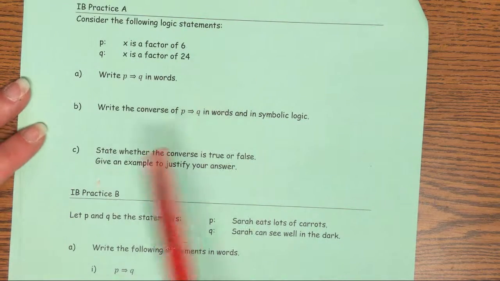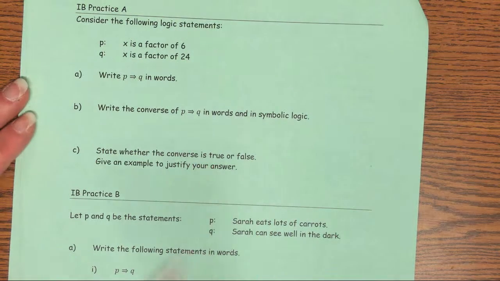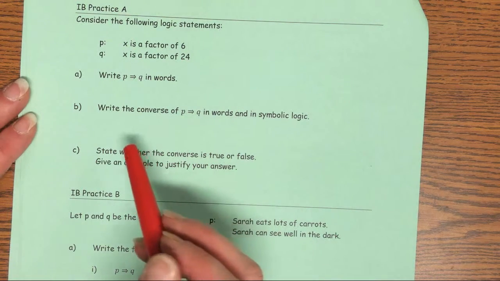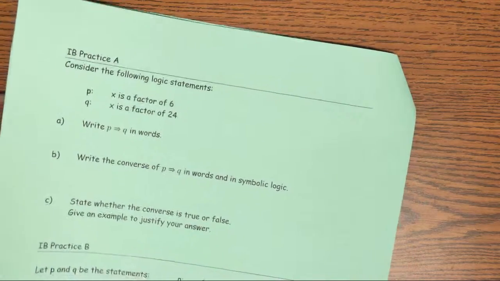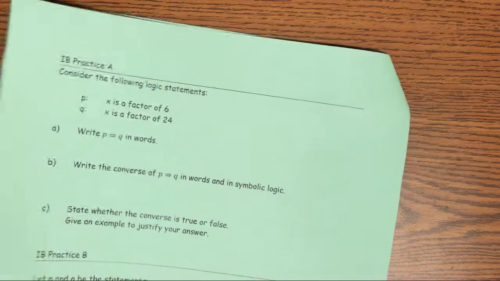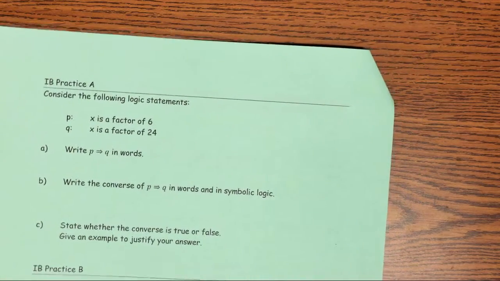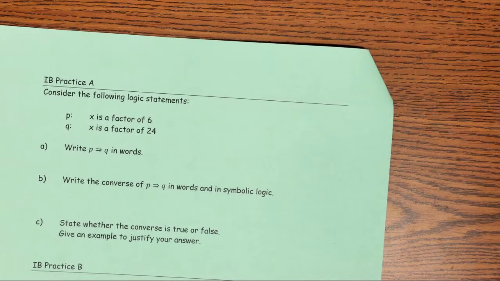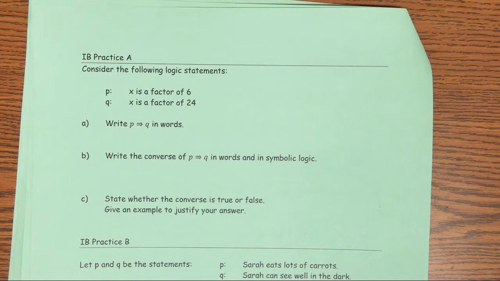So I'm just going to be talking through a few of these examples with you before you try them on your own. Converse. Well, the converse of those statements reverses the order.